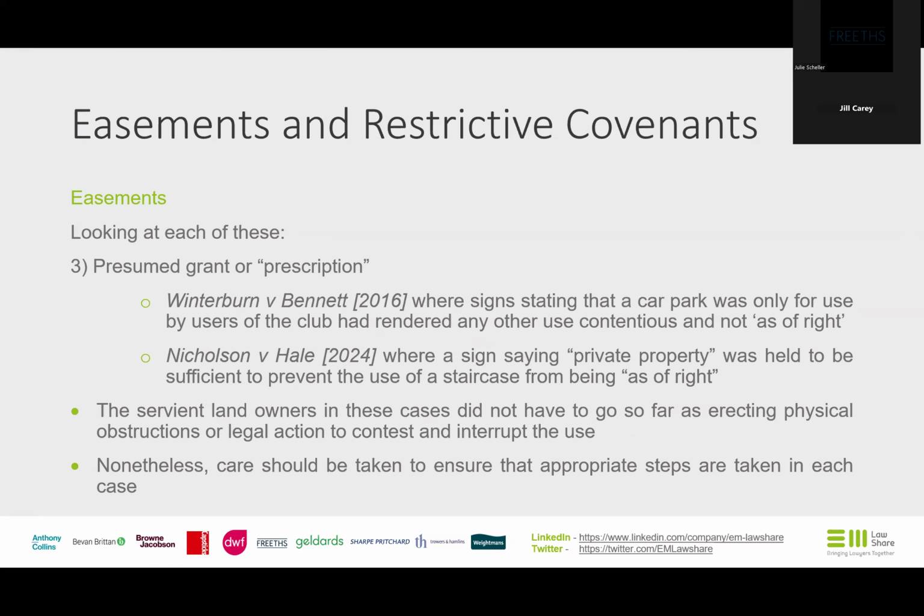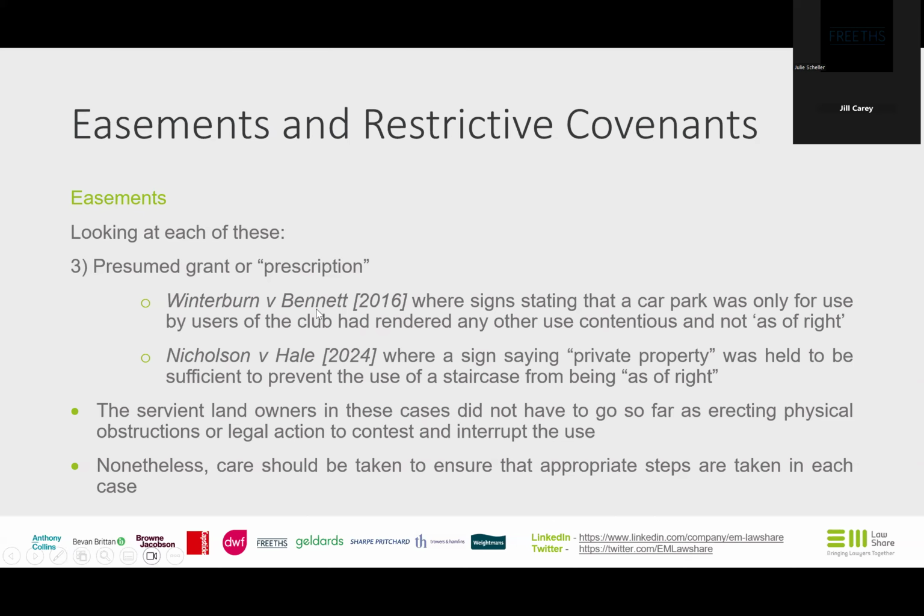Where the sign said any other use would be too contentious, that means you are using it without my permission, so it's a contentious use, not with permission. So the notices there weren't as useful. But in Nicholson and Hale, a sign that said private property by a staircase was held to be sufficient.